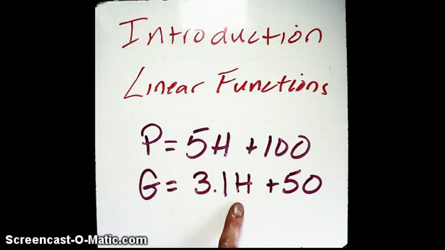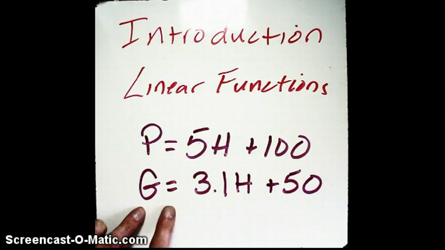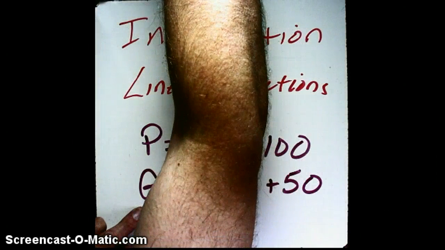Now, the second one here is another one that may be of interest to you, your GPA, or your grade in the class. A lot of people are doing well in the class, and that's a very good thing. But in this case, we have G equals 3.1h plus 50.